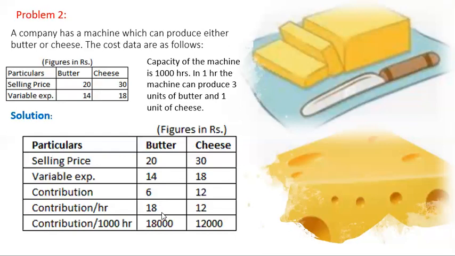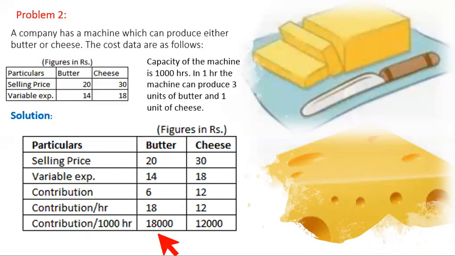And for cheese, as 1 unit is produced in 1 hour, the contribution is 12. So contribution per 1000 hours is 18,000 and 12,000 respectively. Here, butter is giving a higher contribution than cheese, and the company should focus on producing more butter than cheese to gain maximum profit.